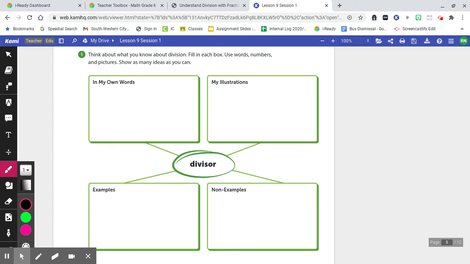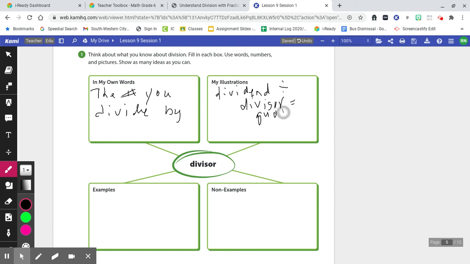The divisor can be the number of equal groups or the size of each equal group. So you have your divisor and you have your dividend, which is the number it goes into. So the dividend divided by the divisor gives me the quotient.